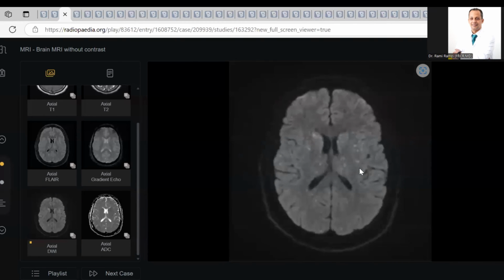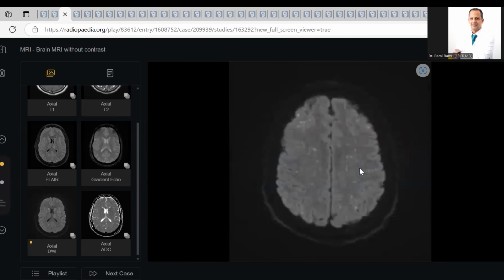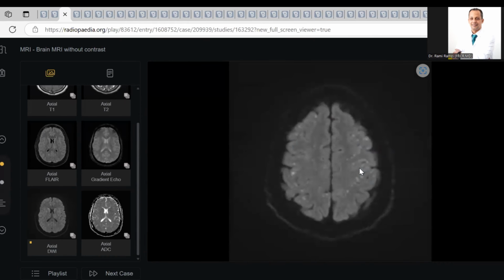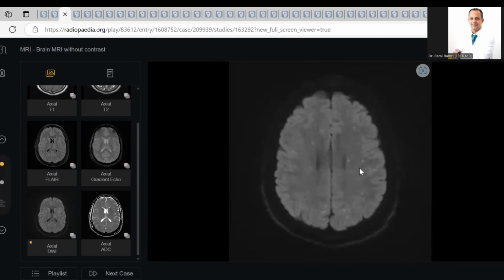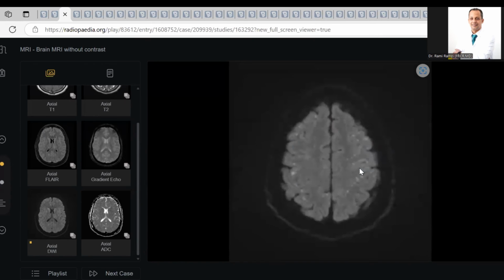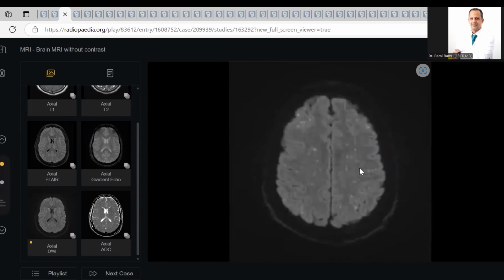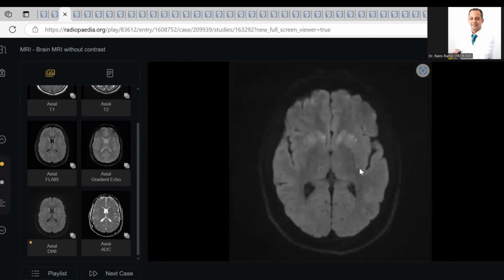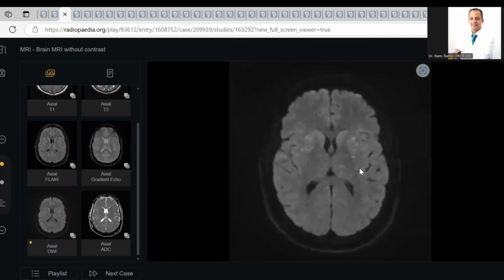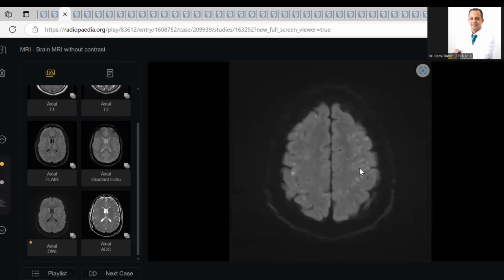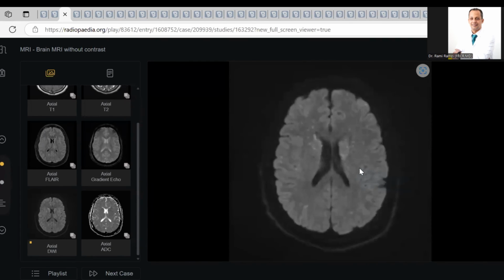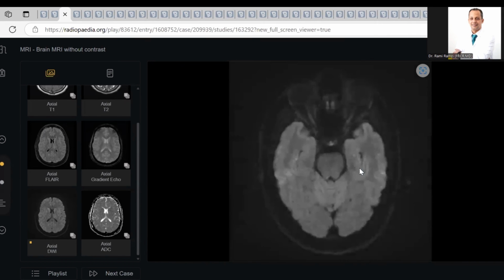I suspect the top differential would include diffuse axonal injury. Second possibility could be microhemorrhages. The patient is young, so I'm keeping cerebral amyloid angiopathy lower down in the list.